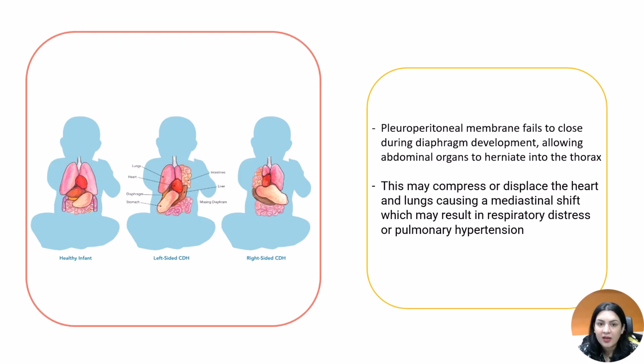This happens when the pleuroperitoneal membrane does not fully close as the diaphragm is developing. And if there is any sort of insufficiency or issue in the development of the diaphragm, what could happen is that the contents of the abdominal cavity are going to be able to herniate up into the thoracic cavity.